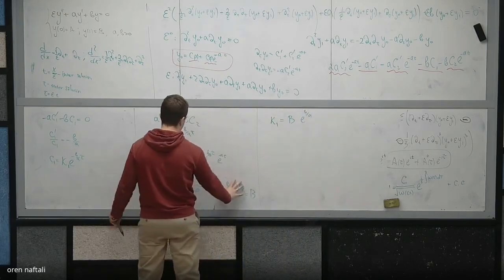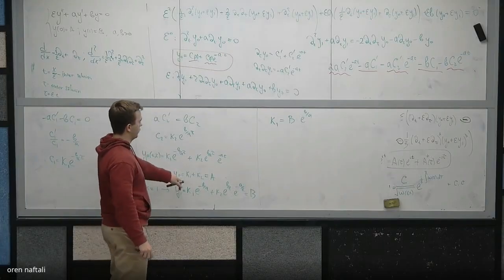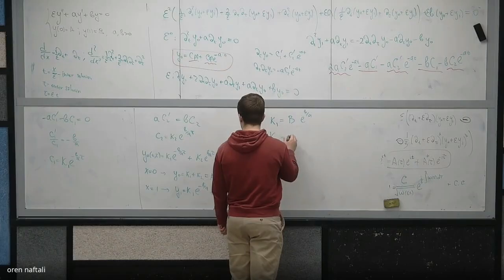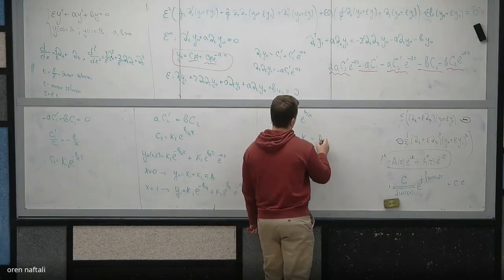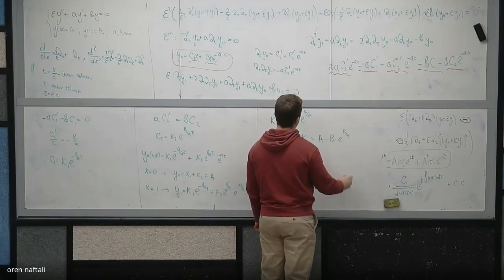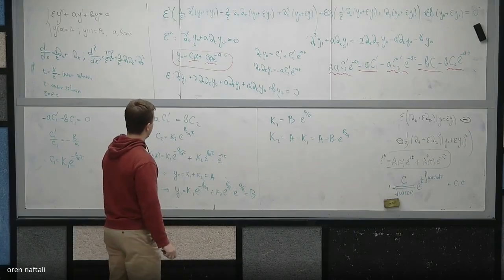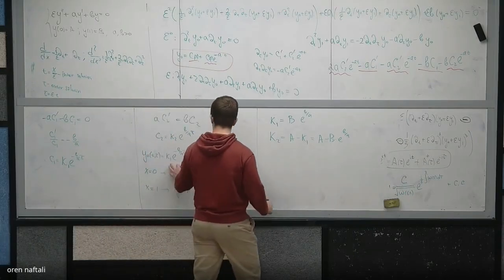So this is just 0. And if we know k1, we can find k2. K2 is a minus k1, so a minus d e to the b over a.